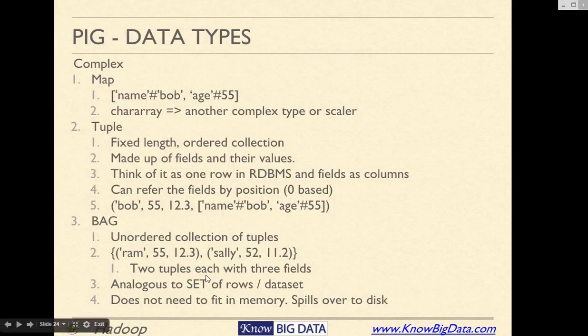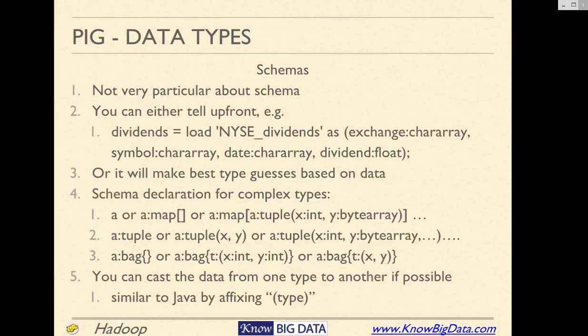So RAM 55 12.3 is a tuple, the other part is a tuple, and all of these tuples are contained in a bag, right? So this has two tuples, each with three fields. If you have a very huge bag which does not fit into memory, it's okay. Pig essentially spills the data to disk if it does not fit into memory.